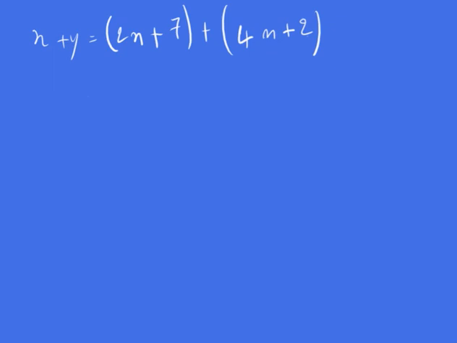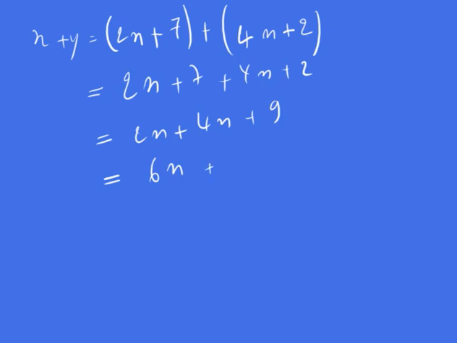So we can cancel the parentheses. 2n plus 7 plus 4n plus 2 equals 2n plus 4n plus 9. So here we have 6n plus 9.